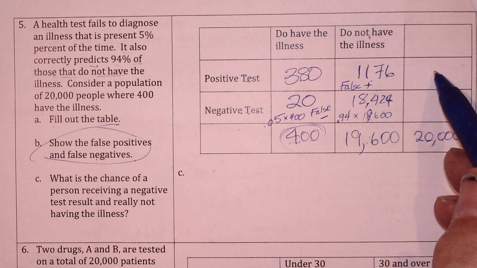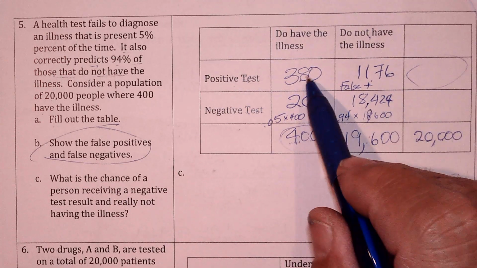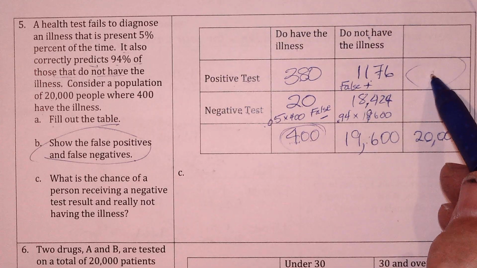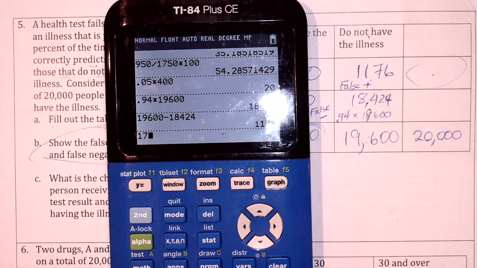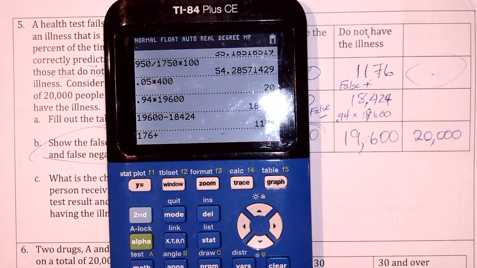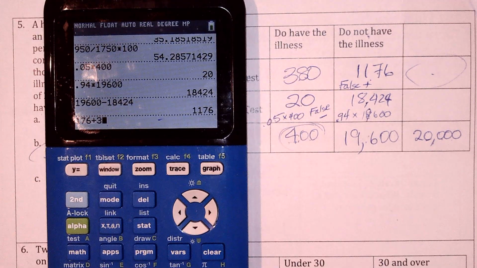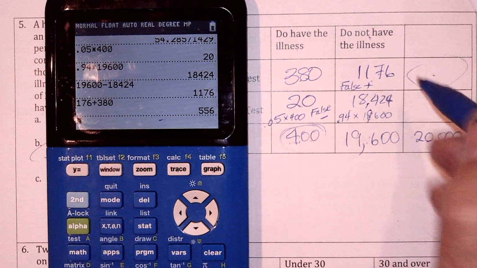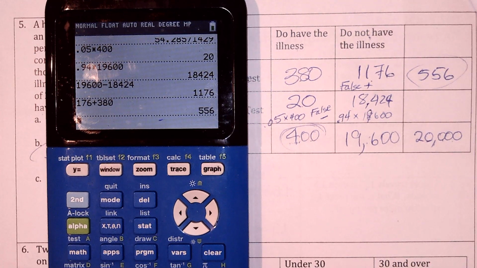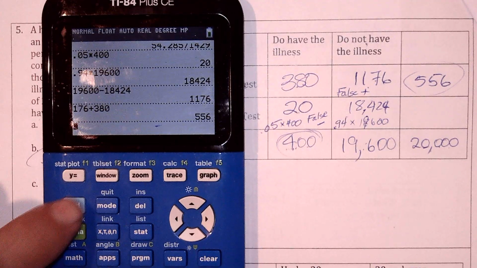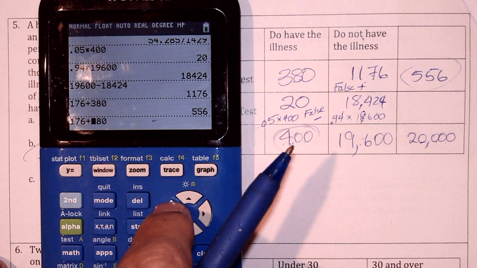And I probably should figure out these totals. This plus this would be everybody that tests positive. 1176 plus 380 is 556. Oop, what happened? Oh, I didn't get 1176. Knew that wasn't right.